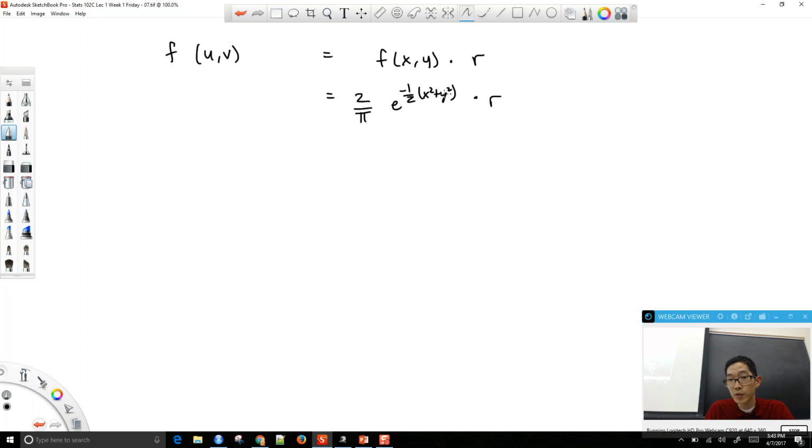Okay, and so I'm going to just kind of replace some stuff in here. And so I've got 2 pi, and I'm going to just rearrange, move the r term over here, 2 over pi. And then here, this becomes e to the negative 1/2. And this term right here, this is r squared. Is that okay? Yeah, this is all right. So this is now our density of r theta. This is the joint density of r and theta.